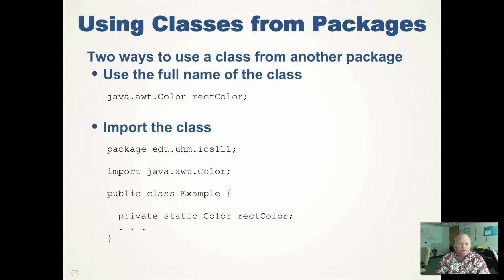That makes it much easier, it doesn't require so many keystrokes. So we can create our private static Color rectColor, or we could have said private static java.awt.Color rectColor, and both are the same. We don't need to do the import, but using the import makes your life a lot simpler because you don't have to type so much.